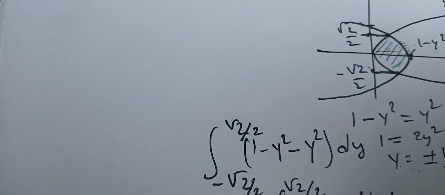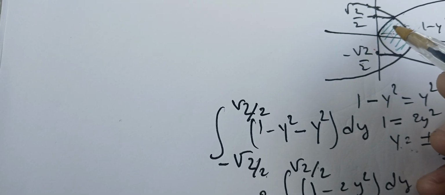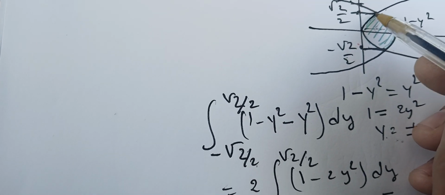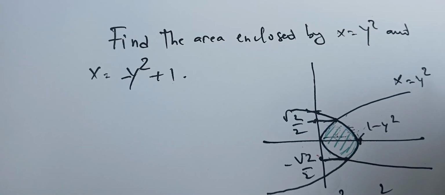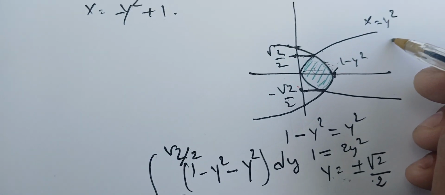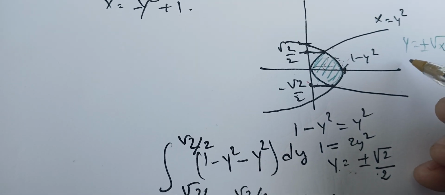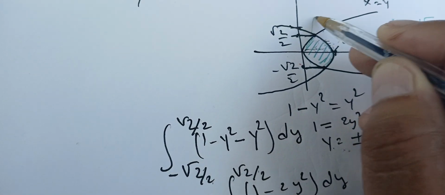Okay, we could have done this one in a different manner, so that's what I'm focusing on. So here we can write this part as a function of x, and this one as a function of x, and this one as a function of x, and this one as a function of x. Okay, we can solve here. Here we can get that y is going to be plus or minus square root of x. The first part here is going to be the square root of x.